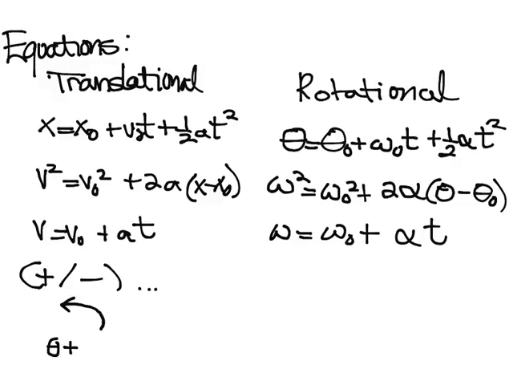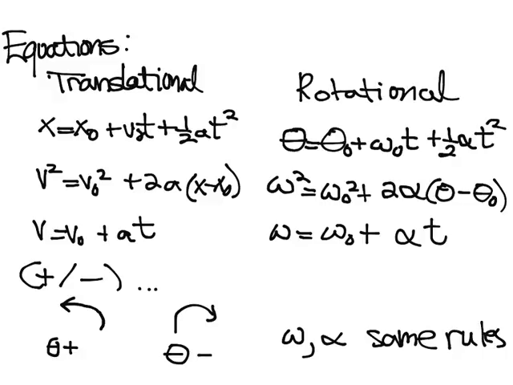If you're rotating this way, then theta will be negative. So it's the same rule as torque. And the same thing is going to go for omega and alpha. Those will follow the same rules.